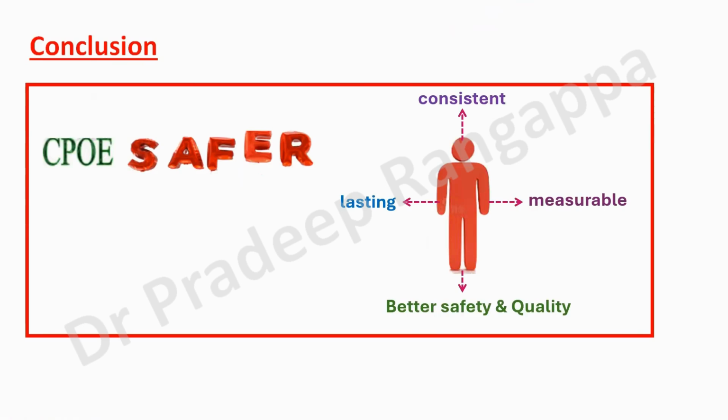It ensures better safety and quality, increases the efficiency of documentation, and even reduces time. These are some of the key advantages or conclusions of adopting computerized physician order entry. And even in India, NABH or JCI standards recommend that there should be a computerized physician order entry to minimize the errors.